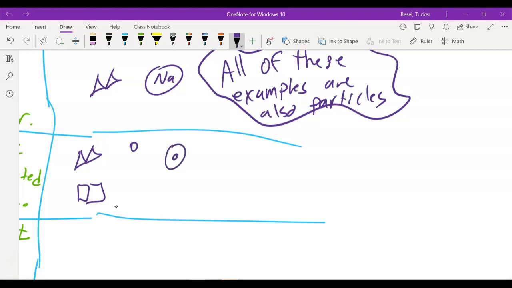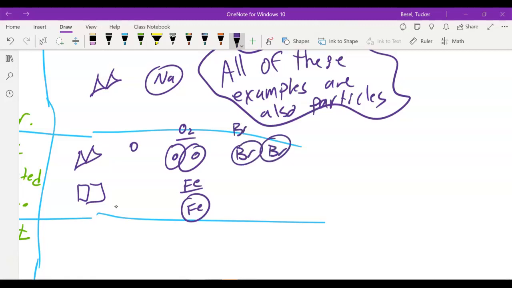But then you also have the actual chemicals. So that's O2. That's an element. Fe would just be Fe, nothing fancy about that. And then we've had this one before in a different example as well, Br2. That's also an element.